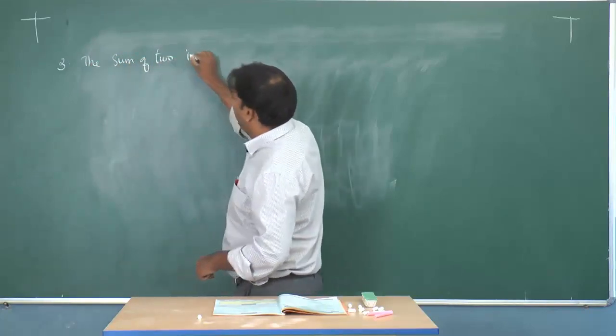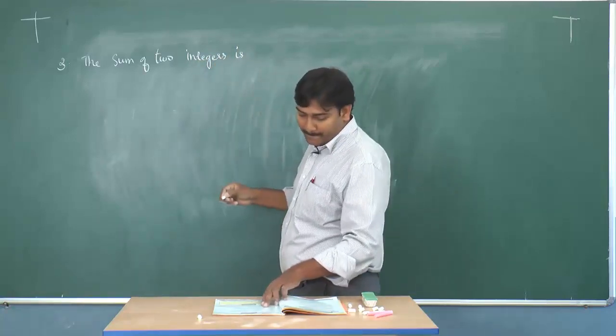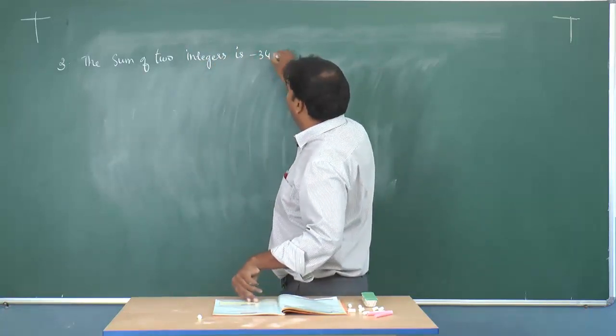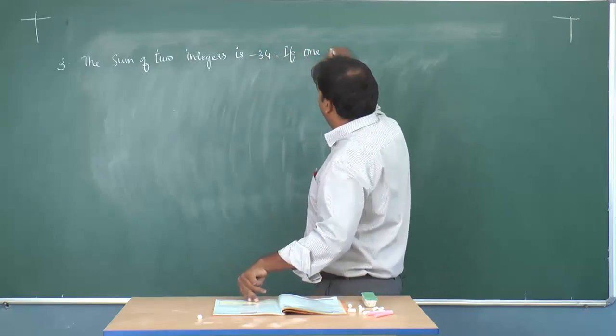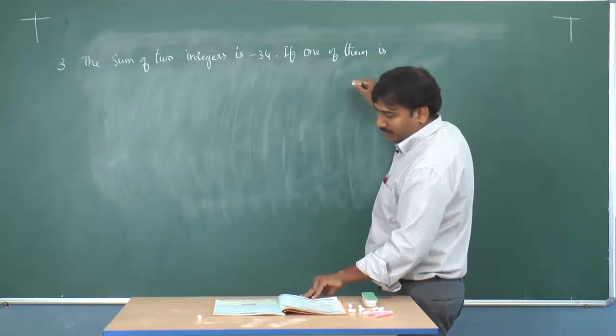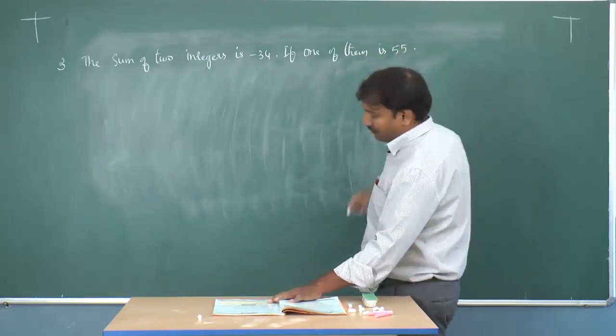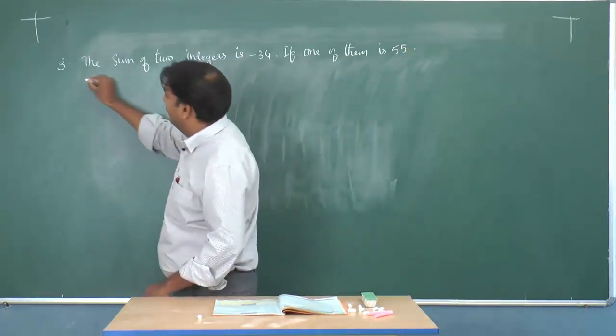The sum of 2 integers is minus 34. If one of them is 55, find the other integer.